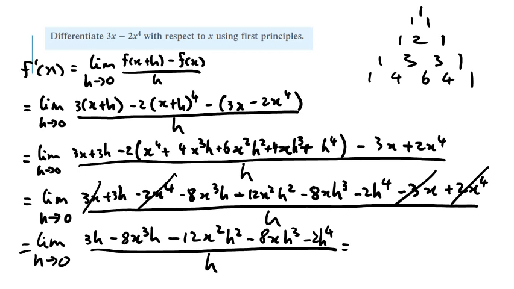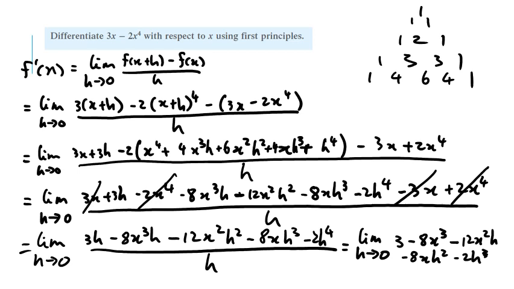I'm going to divide it, so we're left with 3 minus 8x cubed, minus 12x squared h, minus 8x h squared, minus 2h cubed. Then when I take the limit as h goes to 0, you're left with 3 minus 8x cubed. There we go. Done.